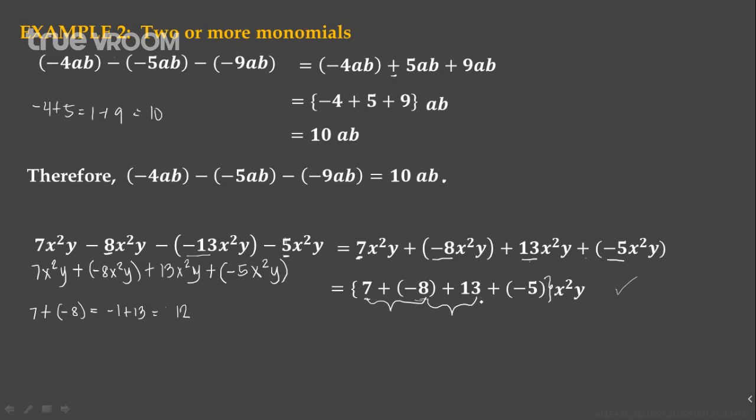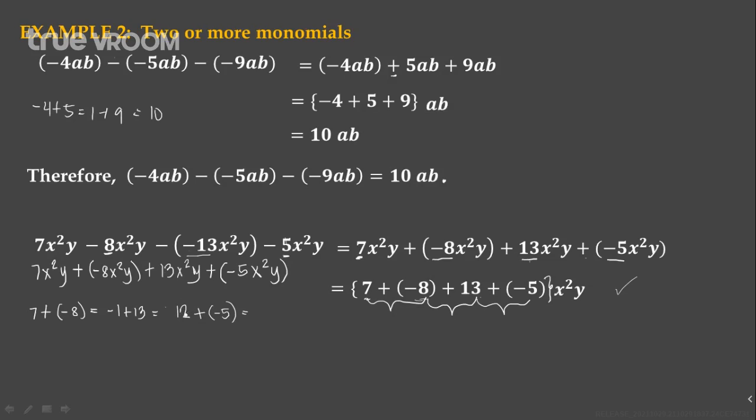So we are not yet done. So we have 12 plus negative 5, which is equal to what? 12 plus negative 5. You need to look at the sign of the bigger number.